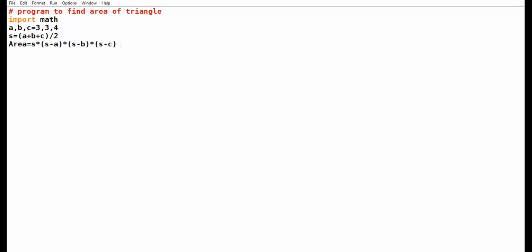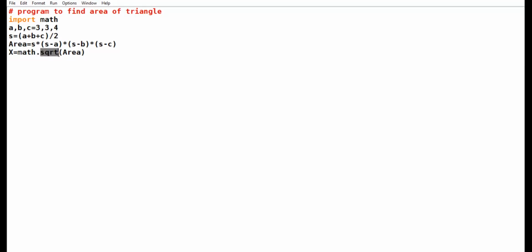So what I am going to do, print, or straight away you can say x equal to math dot sqrt of area. Math dot sqrt function.